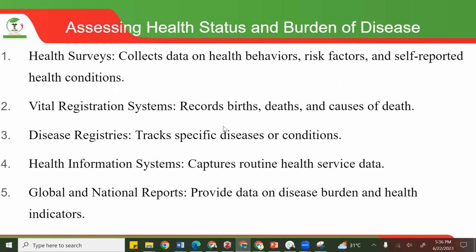So first of all, assessing the health problem generally, or the health status or the burden of a given disease is very key, and you can use a number of sources. The primary sources of data, where you are the one who goes into the community, collect the data using questionnaires, checklists, interview guides, observations, and others. Or you can use secondary sources of data where you use already collected data.